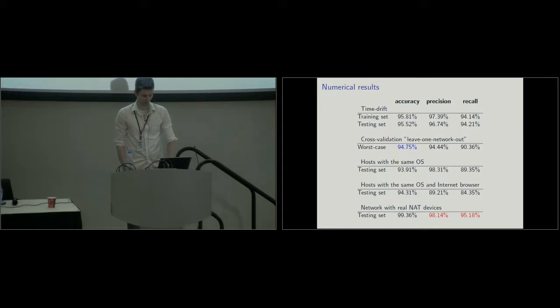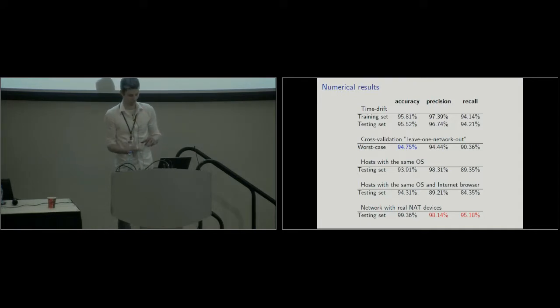This scenario was also conducted by our prior art. But we consider the second scenario to be more important. We call it cross-validation, because we were learning the detector on samples from 3 networks, and then we were testing on the fourth one.